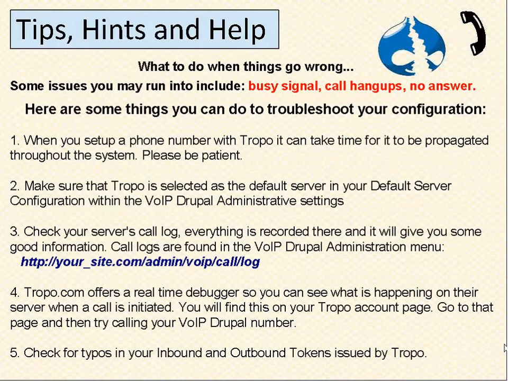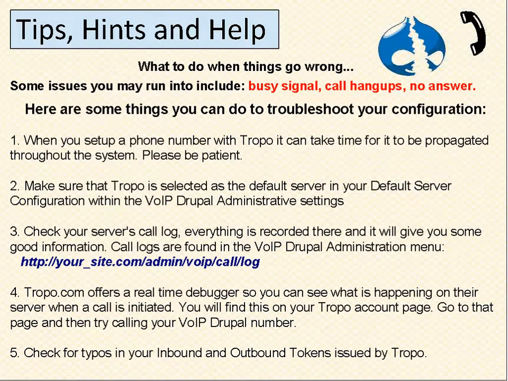Also, Tropo.com offers a real-time debugger, so you can see what's happening on their server when a call is initiated. Log into your account, and at the top right, you'll see the application debugger. If you click on that and then call your VoIP Drupal phone number, you'll see exactly where that call is routed and what steps it's going through.